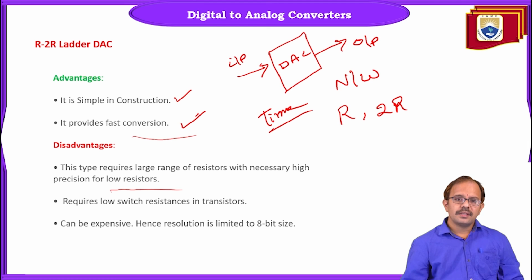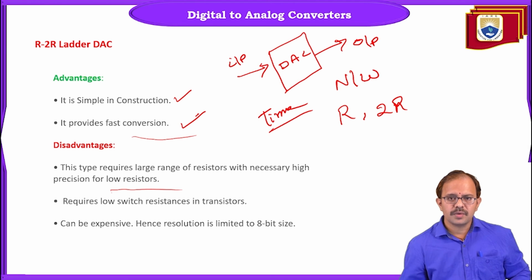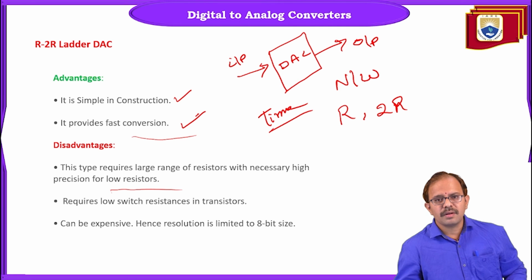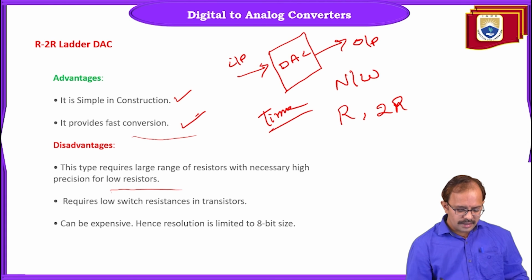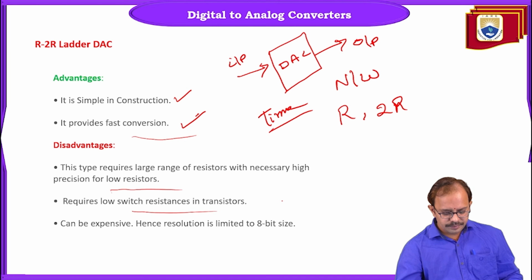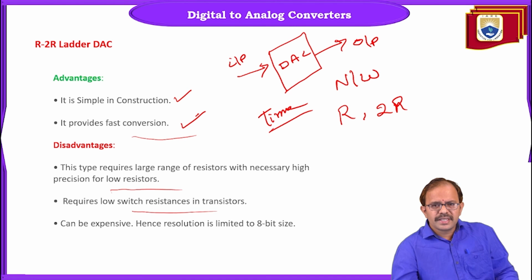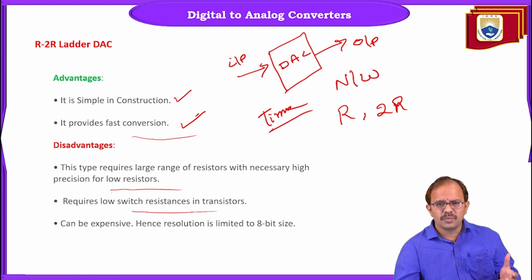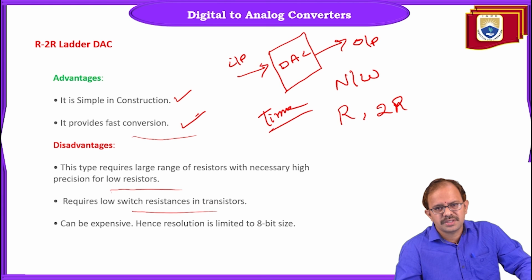As the number of bits of operation increases, we are going to have more and more pairs of R and 2R with high precision. It also requires low switch resistance in transistors. A transistor or a FET can be used as a switch.